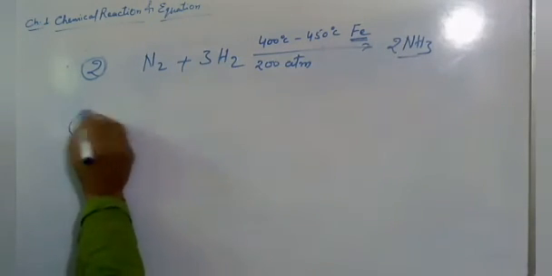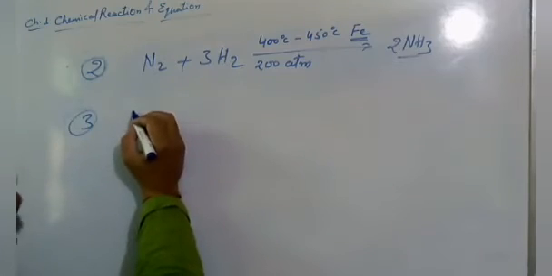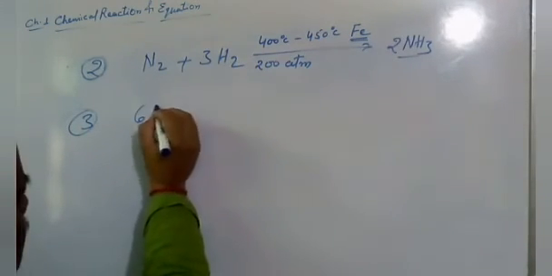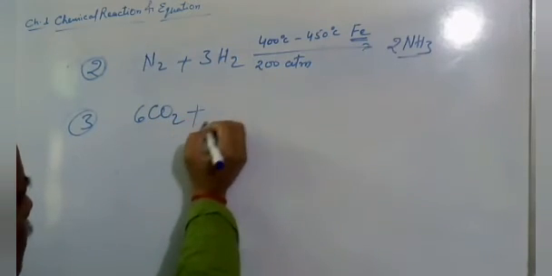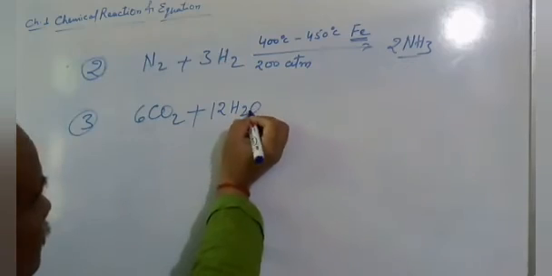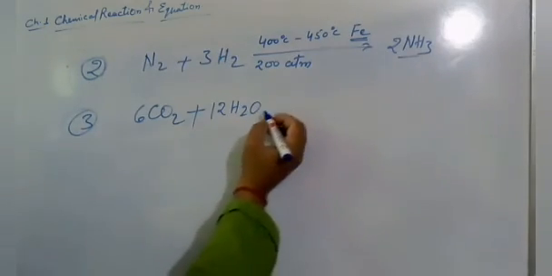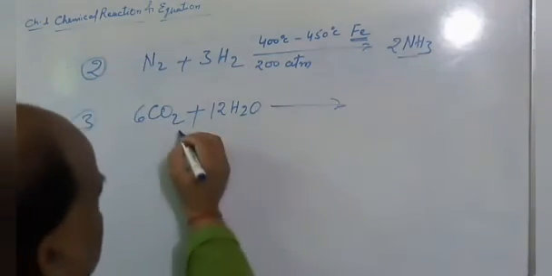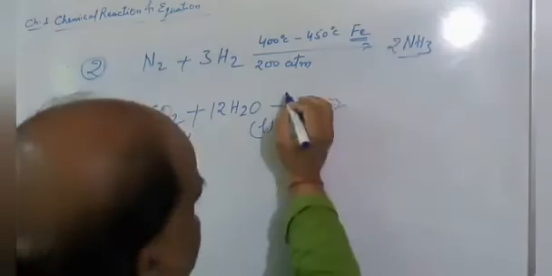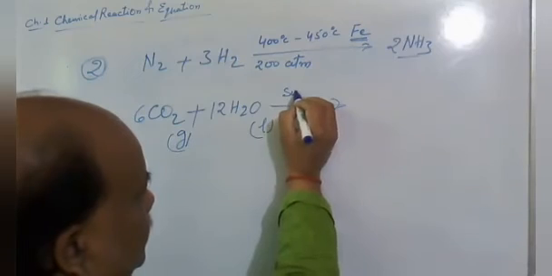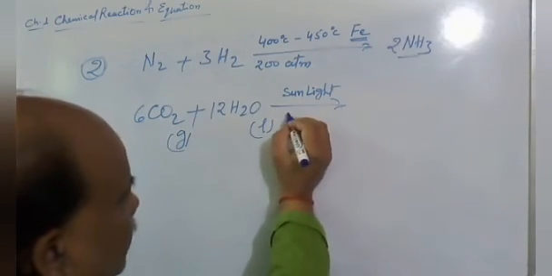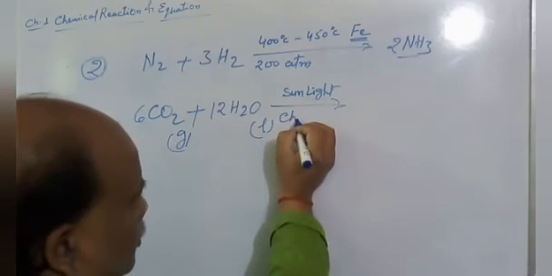Third example, in the reaction of photosynthesis, 6CO2 reacts with 12H2O. Gas, liquid, in the presence of sunlight and chlorophyll also.